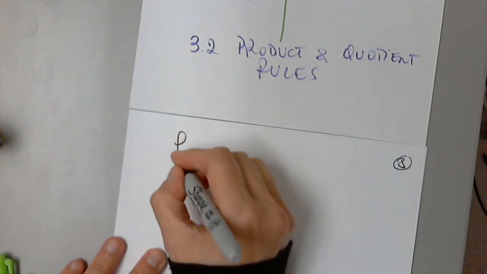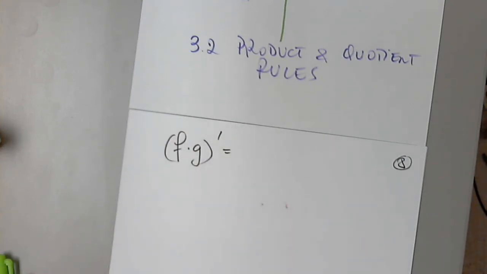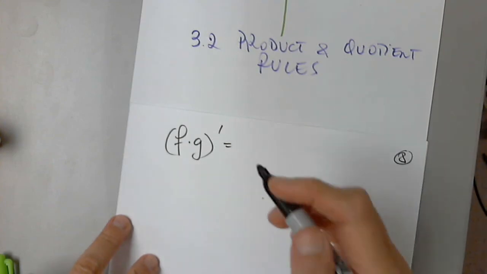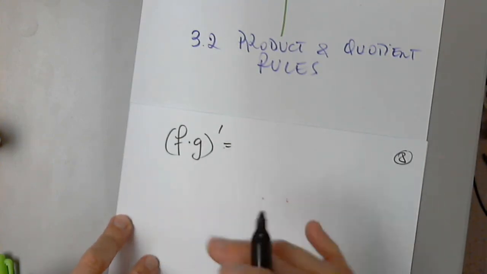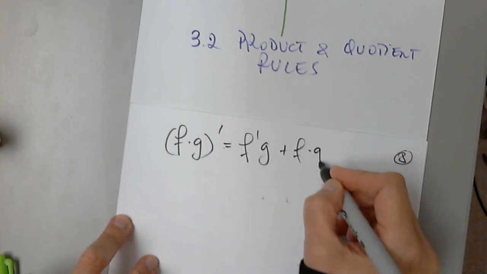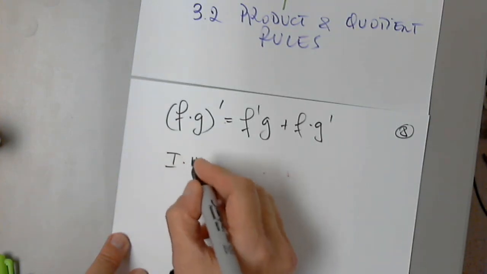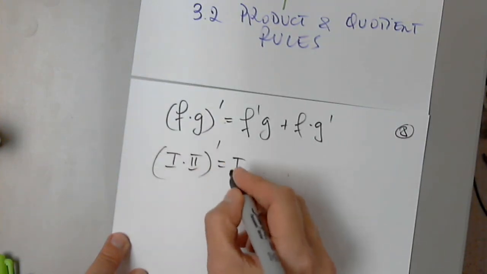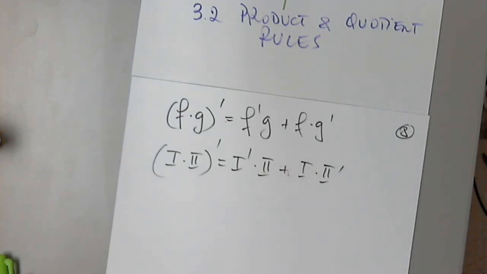So if we have a product of two functions that we want to differentiate, I like to keep them in the same order, not twist them, but it doesn't matter. You use the method you like. f prime g plus f g prime. So this is function 1 times function 2 prime is 1 prime times 2 plus 1 times 2 prime.